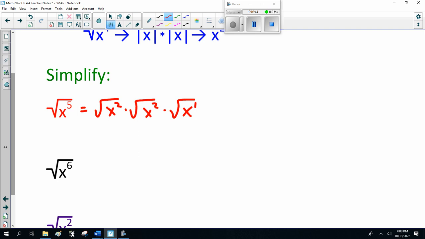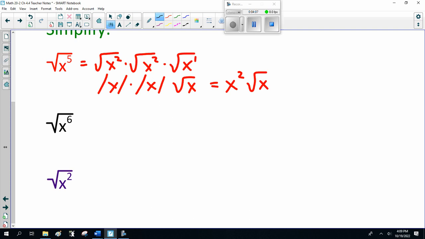The square root of x squared is the absolute value of x, times another absolute value of x, times the square root of x. The absolute value of x times the absolute value of x is x squared. But don't forget the root of x at the end.